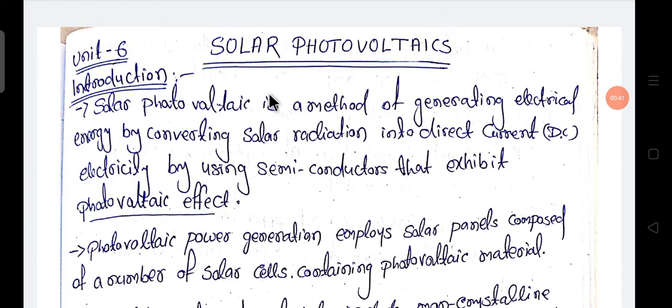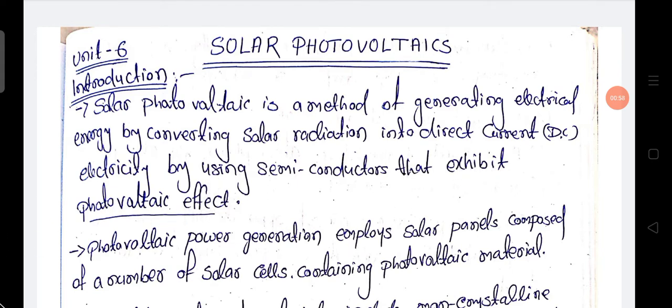Solar photovoltaic is a method of generating electrical energy by converting solar radiation into direct current electricity by using semiconductors that exhibit the photovoltaic effect.